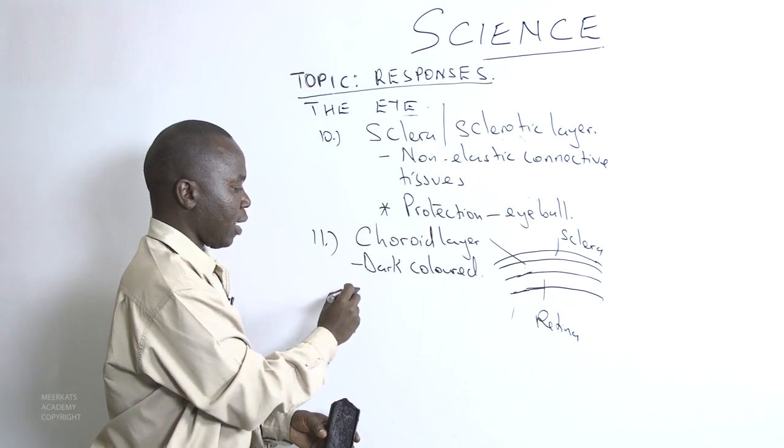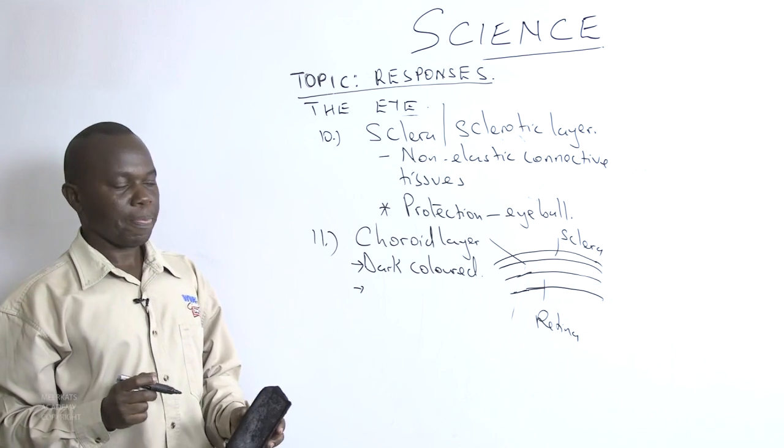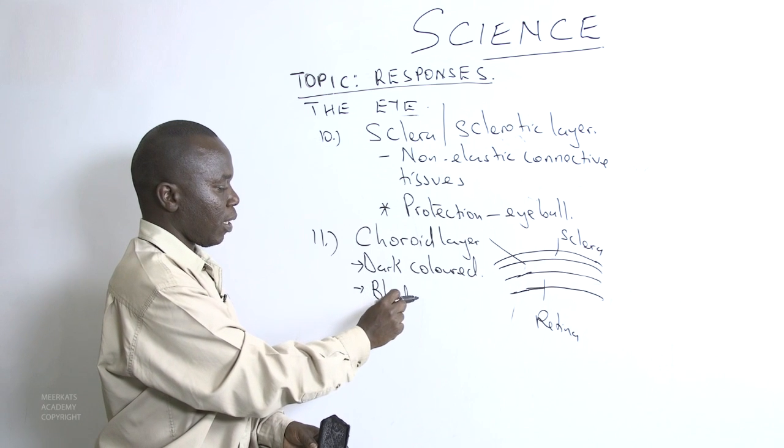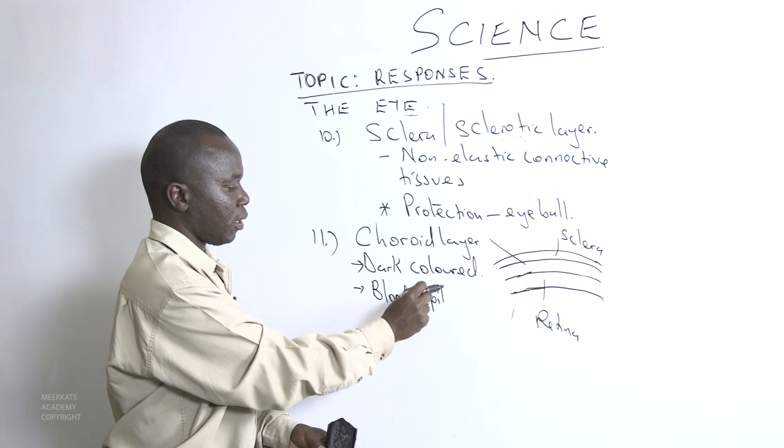Another characteristic of the choroid layer is that it is highly supplied with blood vessels, blood capillaries.